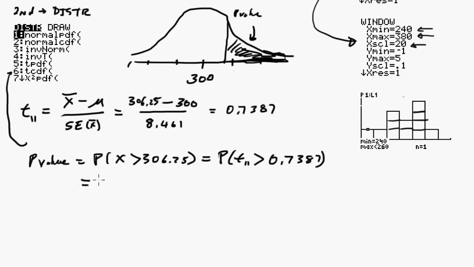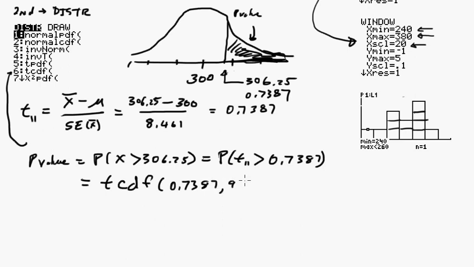We compute it using t-CDF, going from 0.7387 out to infinity, and then we put in the degrees of freedom, which is 11.